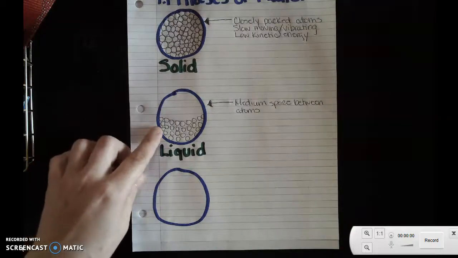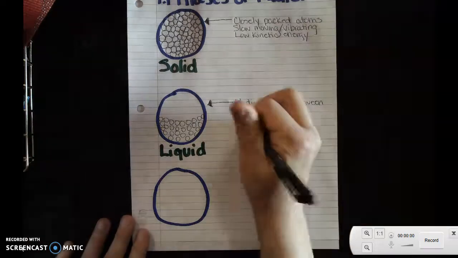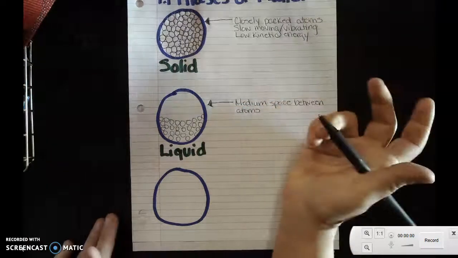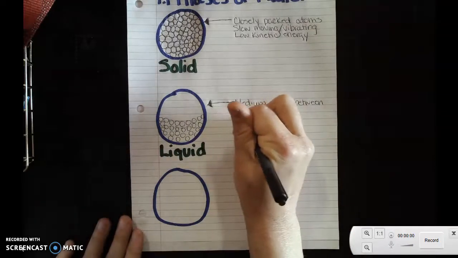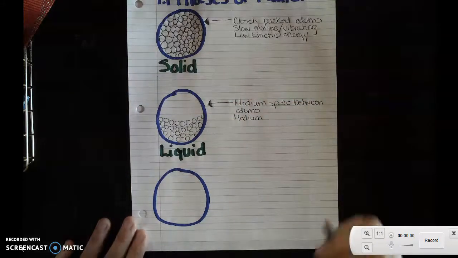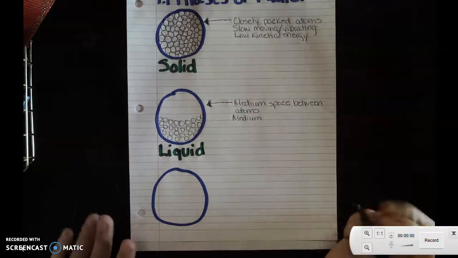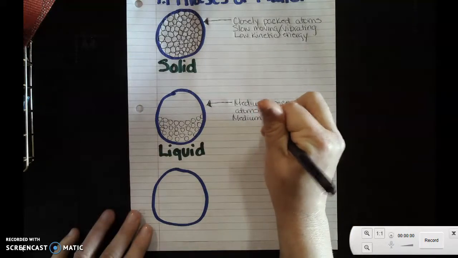The liquid, you have medium, you have a little bit more. They have a medium speed that they move around. If you guys come up with a better way to phrase that, please let me know. This has always been the only way I could come up with to say this. Medium movement.